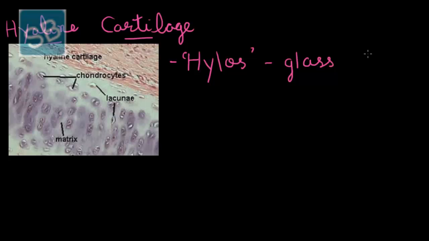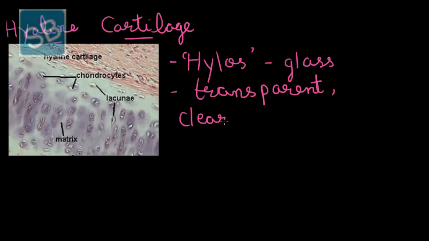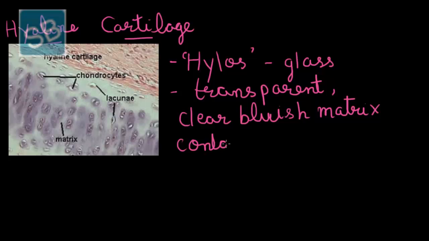Because, as can be seen from the figure, the hyaline cartilage seems to be a transparent, clear, bluish matrix containing glassy fluid substance.